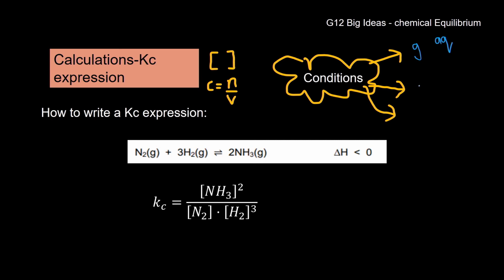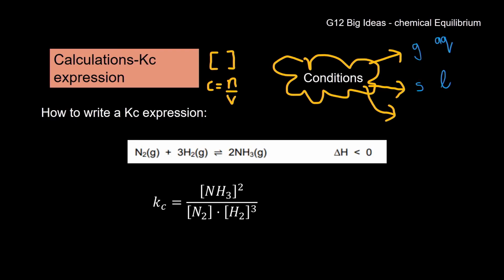It does not apply for something which is in solid or liquid phase. The reason why is because Kc is revolving around concentration at equilibrium. Once the system has reached equilibrium, what is the concentration of our products and our reactants?